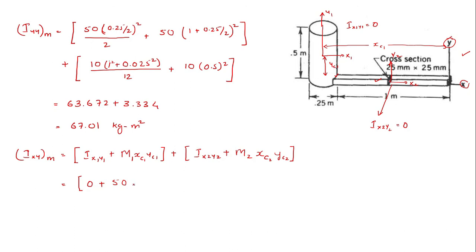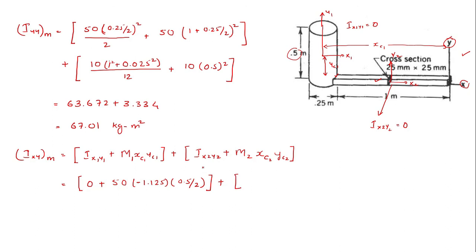So as such 50 into, now xc1 is towards the left of the xy axis, so this will be minus 1.125, and yc1 is in the upward direction, it is positive here, so that value will be equal to half of 0.5 here. Okay, so 0.5 divided by 2.